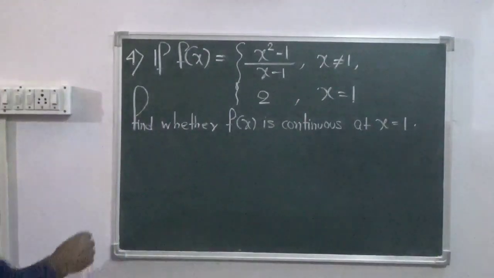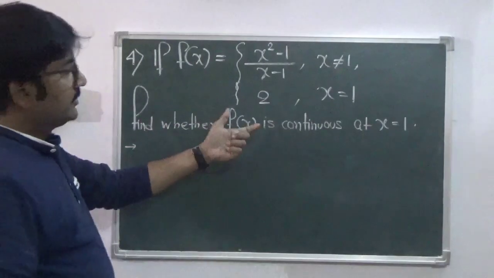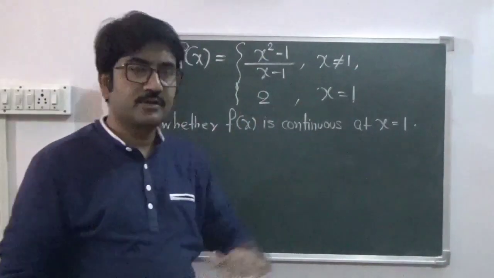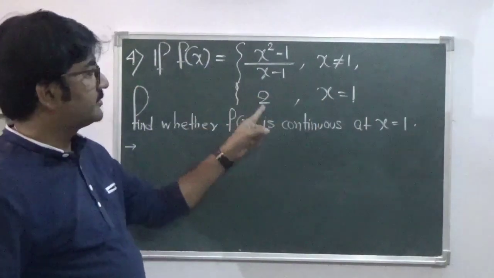So similarly we will proceed. Here we have to check the continuity of this function at x equals 1. When x is 1, the value of the function is 2.